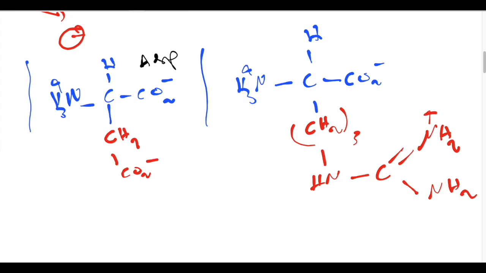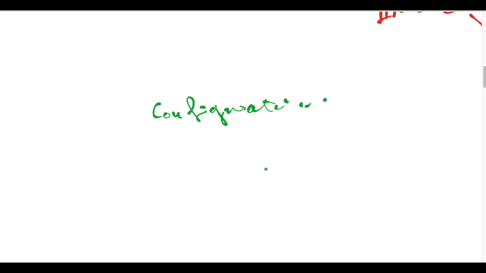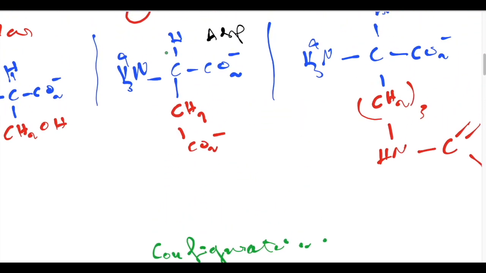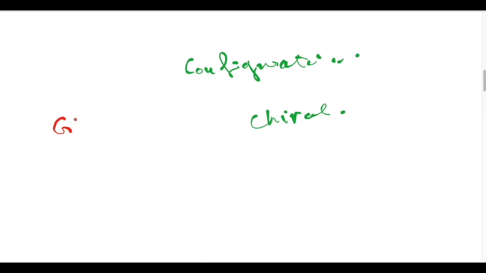Now let's talk about the configuration of the amino acids. We know that all the naturally occurring amino acids have a chiral carbon, that is the alpha carbon that is linked to the carboxylic acid. So all are chiral except for glycine.